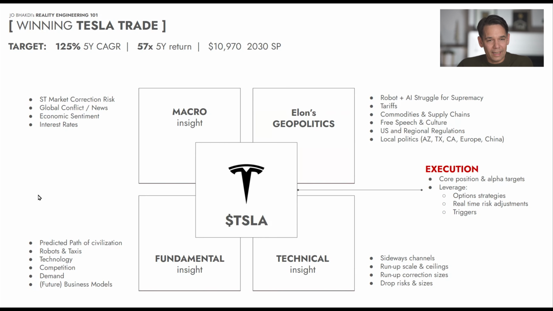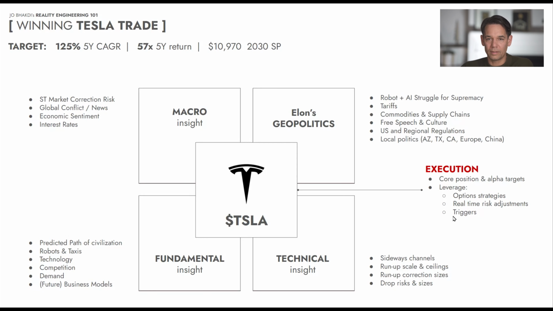And then finally, once you have that all under control, hopefully, then it's about execution. And here we are talking about trading and investing execution. So you need to be very good in understanding options, in understanding leverage, in understanding margin calls. You have to understand how to translate all these things, your macro strategy and insight, your geopolitical insight, your fundamental and technical insights, into trading strategies day by day and hour by hour.